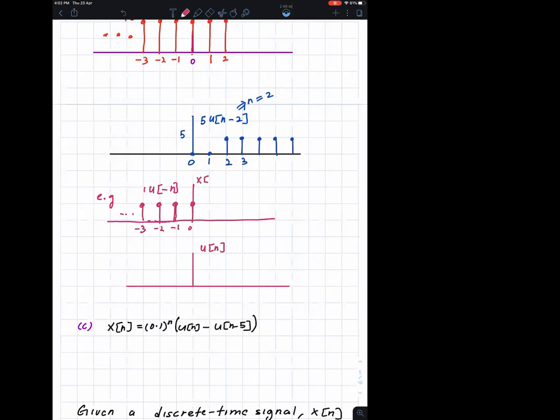For example, if we call this x[n], u of minus n is the function of n. In this case, you just flip the signal around the vertical axis. Now we're going to the right.